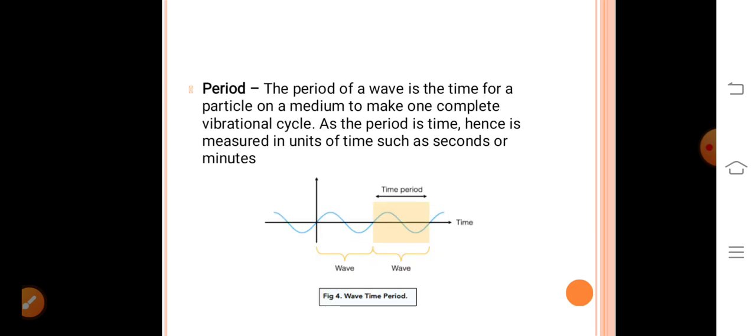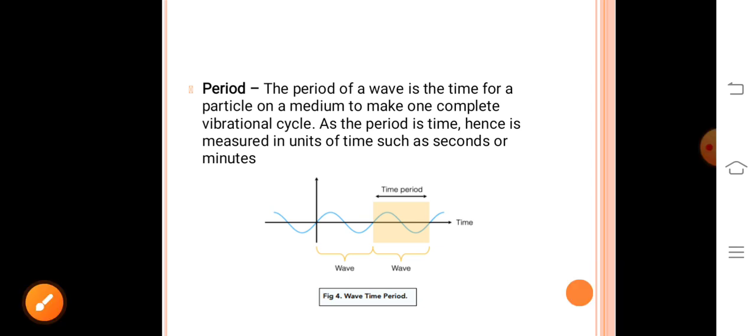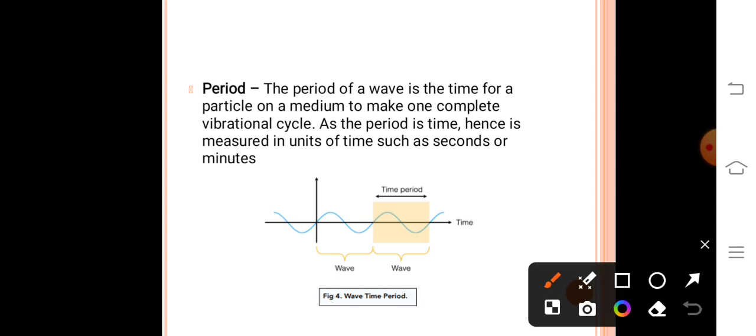Next is the period. The period of a wave is the time for a particle on a medium to make one complete vibrational cycle. So we say that when the particle completes one vibrational cycle, we see in this figure that this portion is the time for a particle to make one complete vibrational cycle.